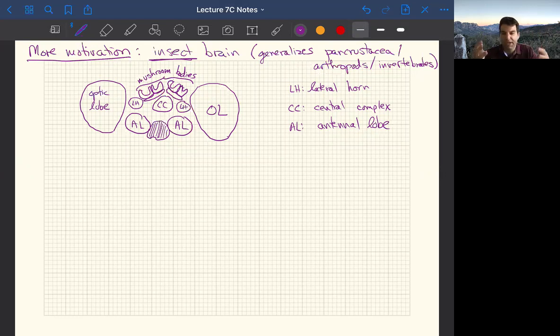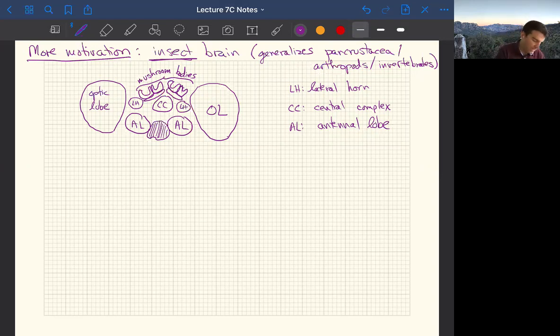Then you've got the mushroom bodies, which, as we'll see, are involved in higher order processing. And the lateral horn is sort of involved in post processing, and ends up making a lot of the decisions that go out into the motor system. As we'll see, although it's not drawn out here, this takes the structure of a lot of the deep neural networks used in state-of-the-art deep learning pipelines.